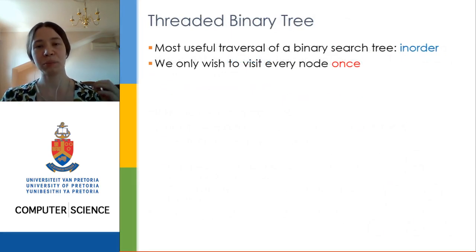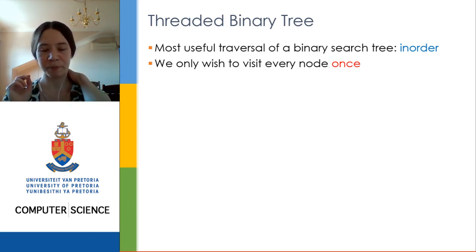Why in-order? Well, because in-order, in fact, is the most useful traversal of a binary search tree. The reason for it is that it actually outputs the values in sorted order, from smallest to largest or largest to smallest, based on whether you start on the left branch or the right branch, right? That is what we are going to aim to emulate with threaded binary trees.